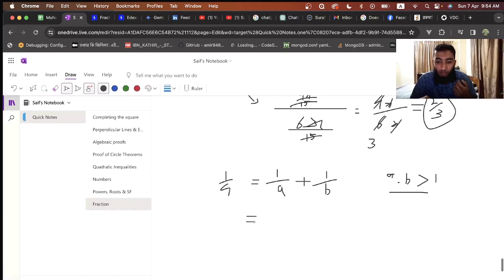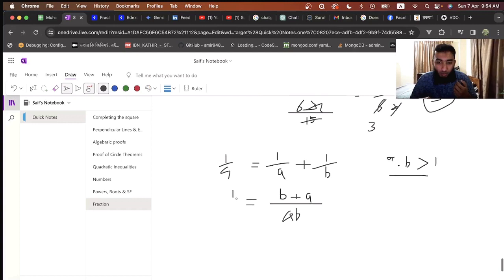Let's simplify this. If you take common AB, it's b plus a. AB divided by a is only b, so b into 1, plus AB divided by b is a into 1. So this is 1 by 4, right?